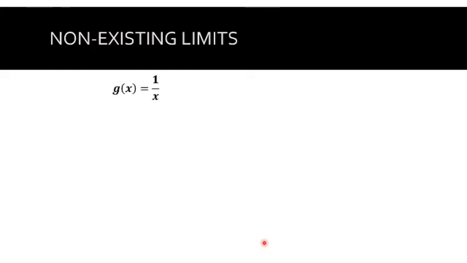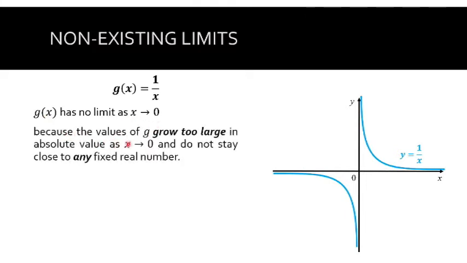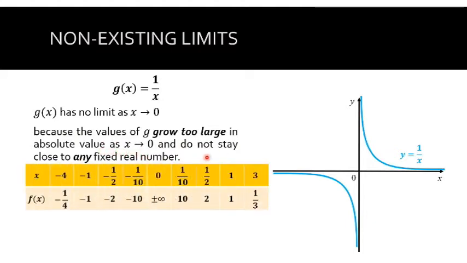Another non-existing limit, for example, given a function g of x is equal to 1 over x. If we graph this function, we have a graph symmetric to the origin. Y is equal to 1 over x. So g of x has no limit also as x approaches 0, because the value of g grows too large in absolute value as x approaches 0, and does not stay close to any fixed real value.